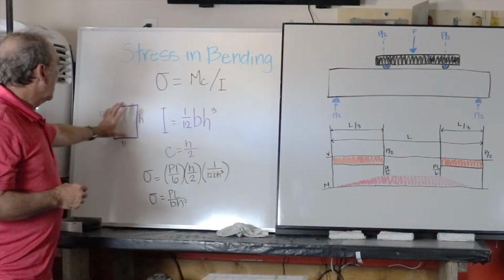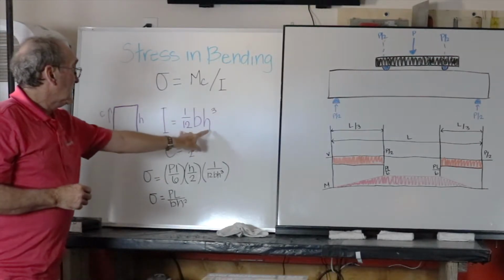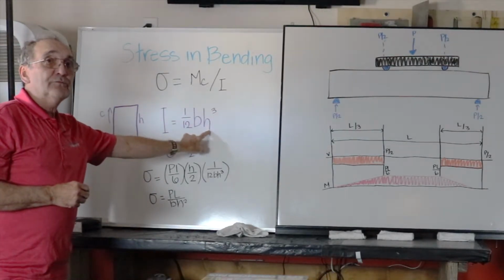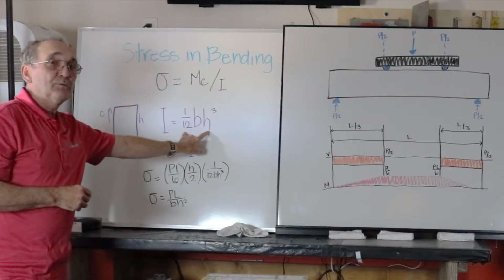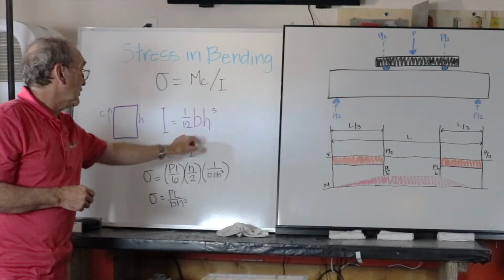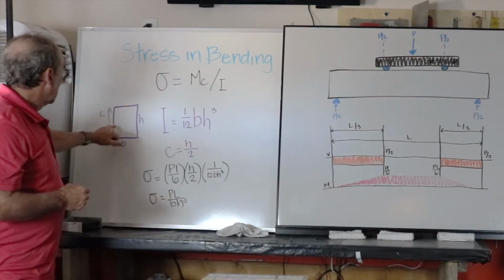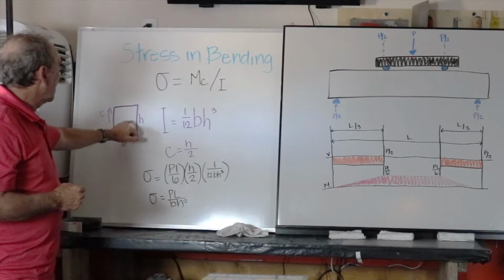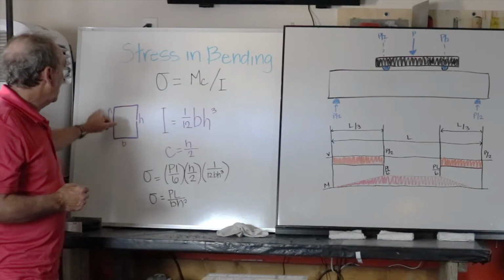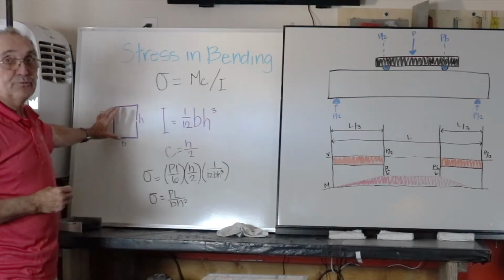For a rectangular section, we have the width and the height of the beam. Moment of inertia, very commonly found, not going to derive this, found in many textbooks, reference guides, many places. Rectangular section, 1/12 BH cubed. Distance to the outside fiber from the centroid, that's C, H over 2 because it's symmetric.